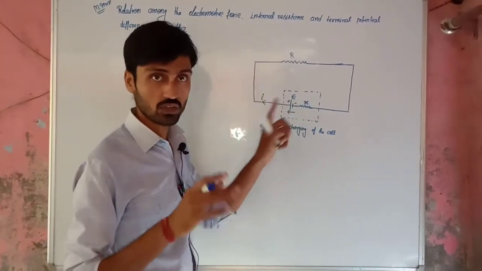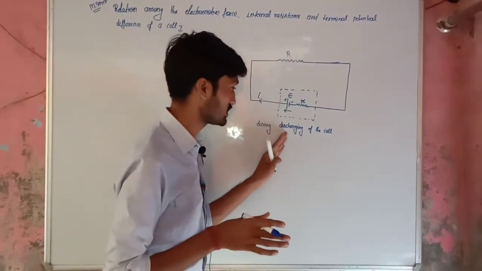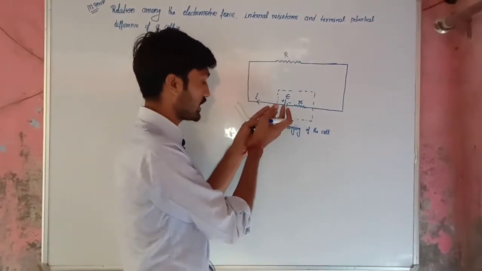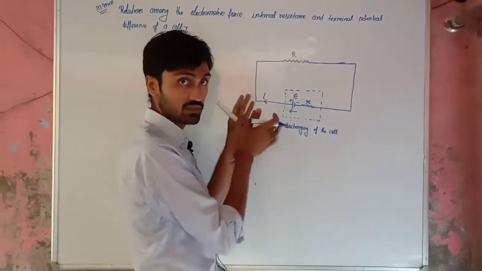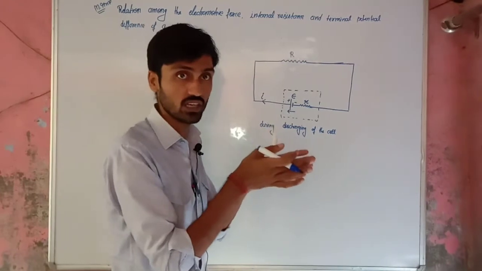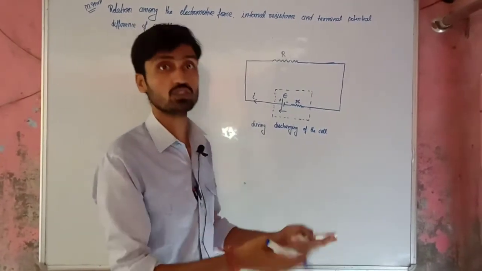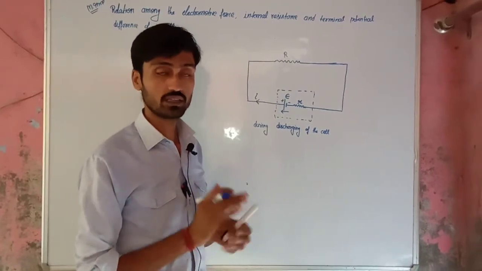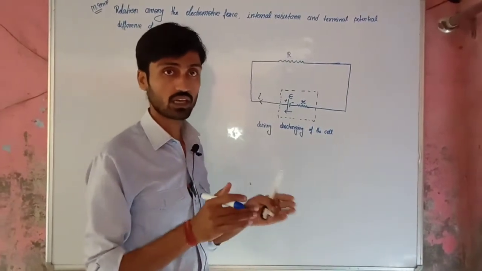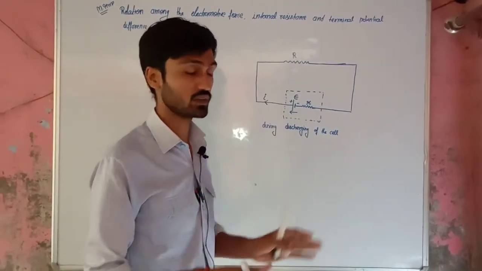Remember this: if the cell is discharging, the direction of current will be like this, and if the cell is charging, the current will be in this direction. That means the direction will be just opposite in the case of charging. Remember this point.